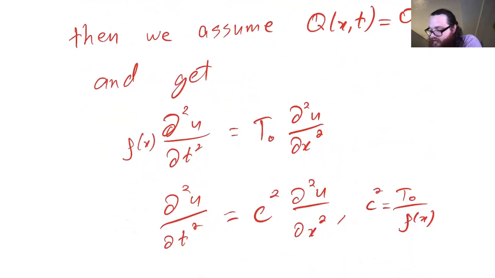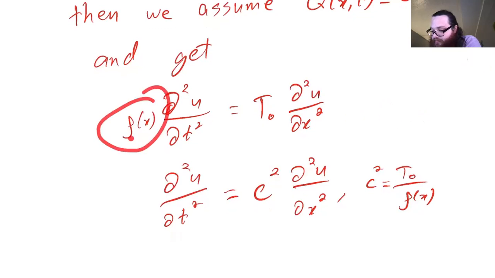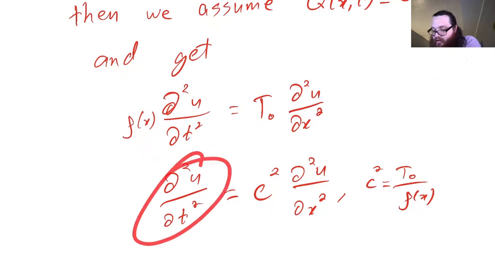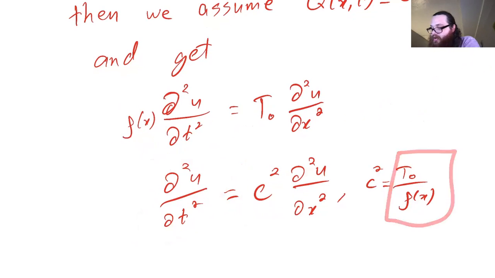And then here, before we had a plus rho Q, that's gone to 0. And then finally, if we divide this over there, we get d squared u dt squared on its own. We write this term as c squared for many reasons, where c squared is this constant tension divided by this mass density.